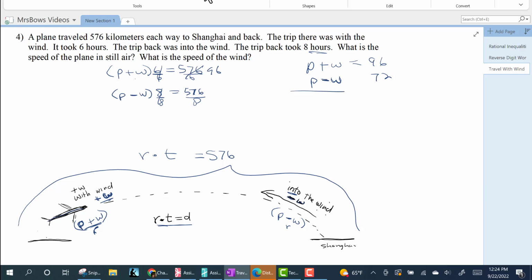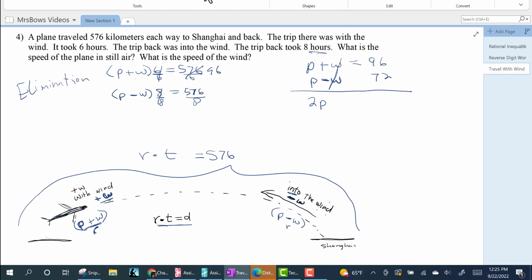Well, now look at what we have. We have a system. If we add the columns, P plus P is 2P. And how you know to add instead of subtract is if one of the variables are exact opposites, if you add, they cancel out, and that's why we call this the elimination method.